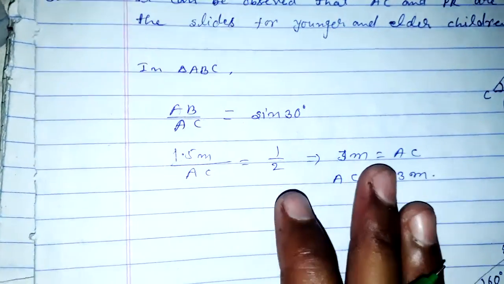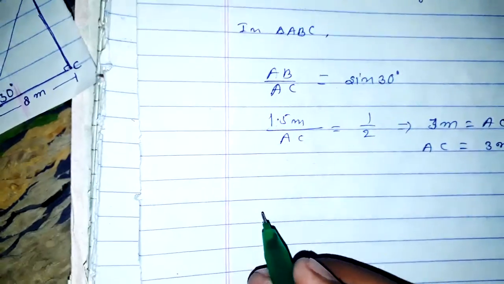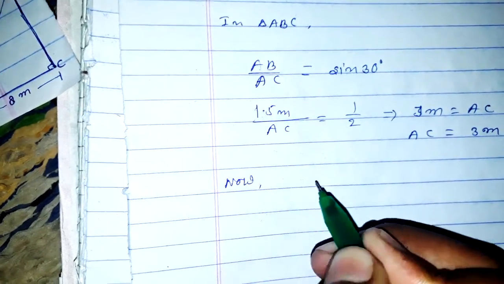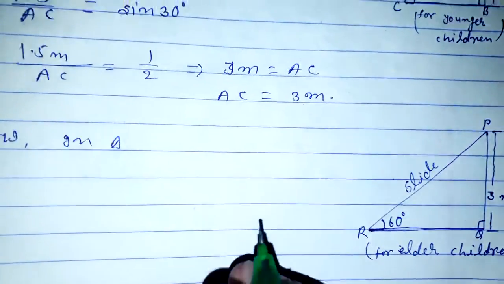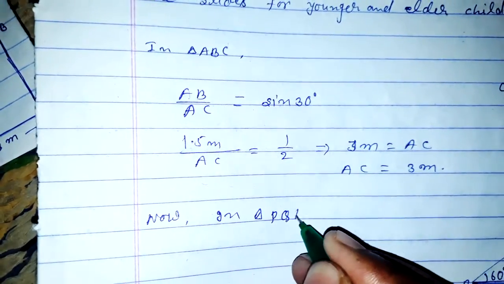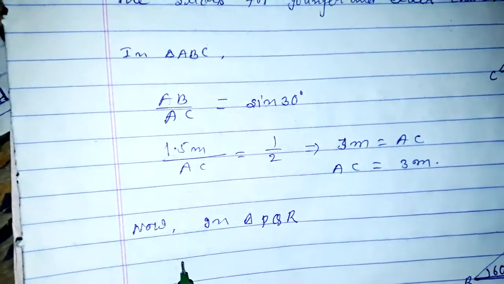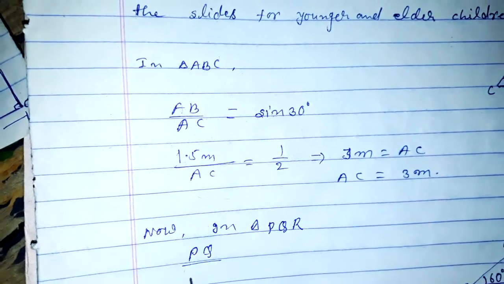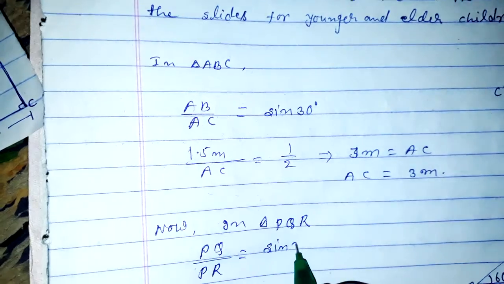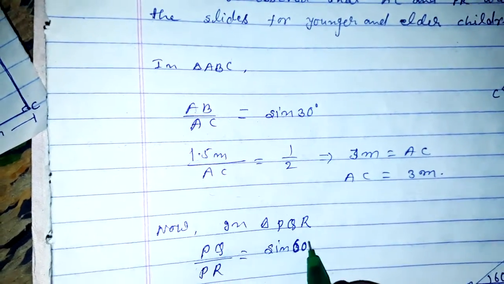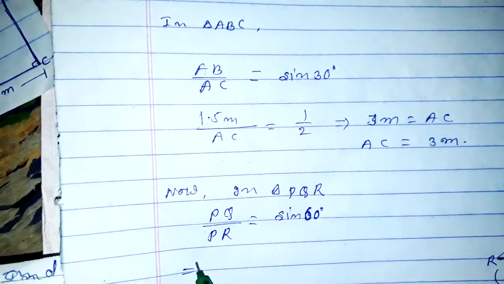This solves the first case, and now the second case, this figure. In triangle PQR, take the ratio of this side and this side. So the ratio is PQ upon PR. This ratio is also called the sine ratio. This is sine 60 degree because here the angle is 60 degree. So what is the value of PQ?